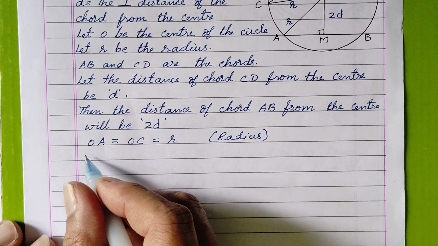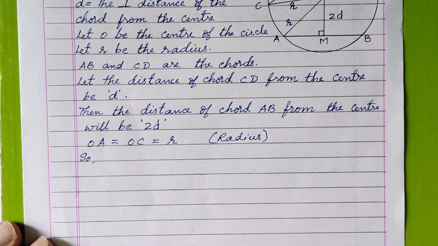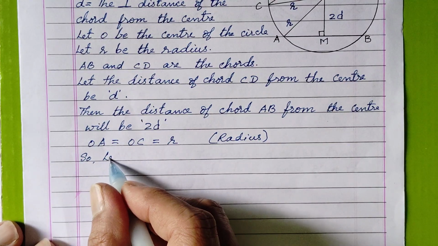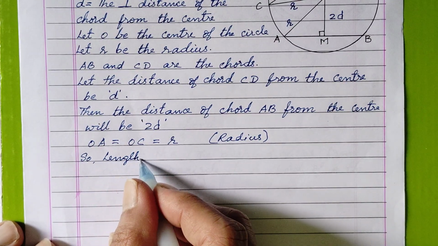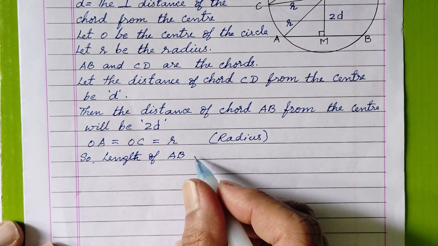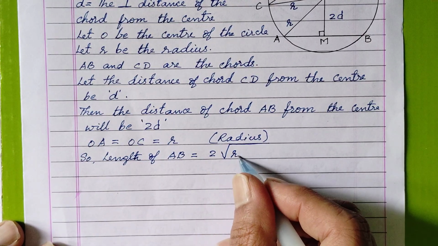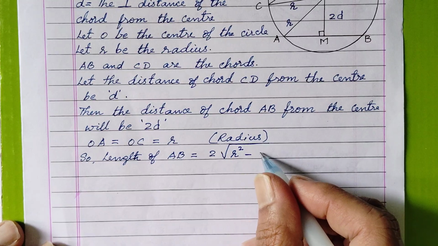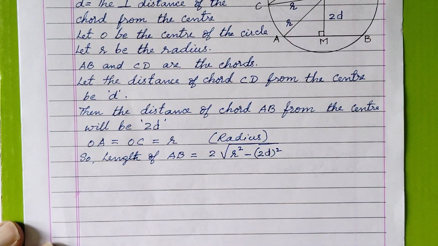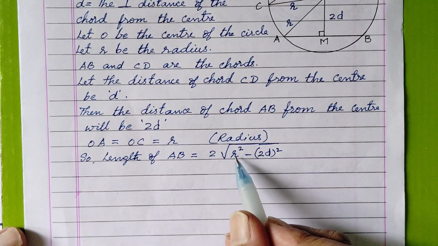So, the length of AB will be equal to twice root of R square minus 2D whole square, because this is the distance of the chord from the center and this is the radius.